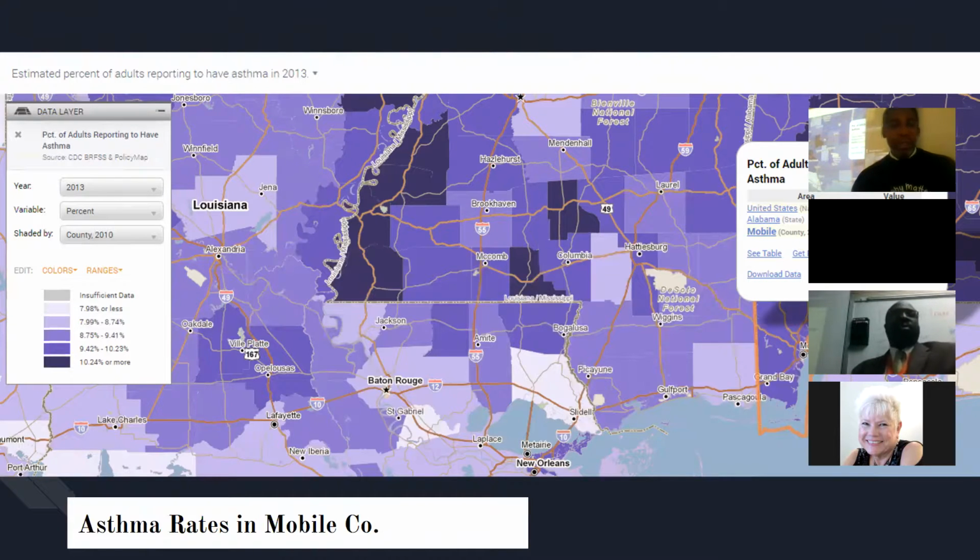So this is a very interesting program in allowing us to do what we call small area geography assessment. And this is a map that Joey created, just looking at regional asthma rates and comparing them with the asthma rates in the community.